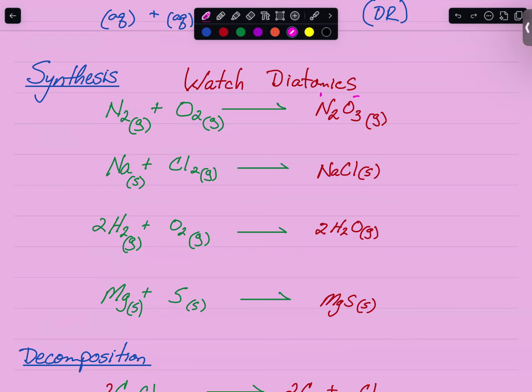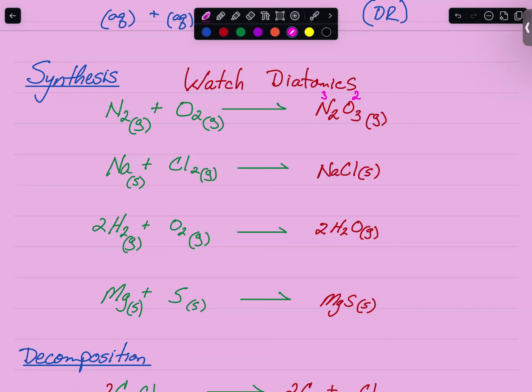That's just its normal. So we're going to go 3, we're going to go 2, and we're going to crisscross those and get N2O3. Now, this is really weird for us. We're not used to seeing nitrogen go positive, but it does have the ability to do that because of its electron configuration. So rather than looking at the signs of the charges, let's just look at the magnitude, the size of that charge.